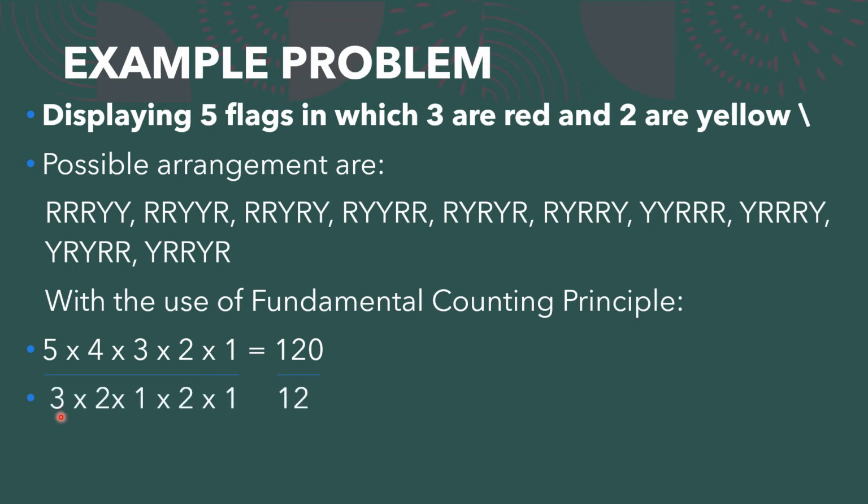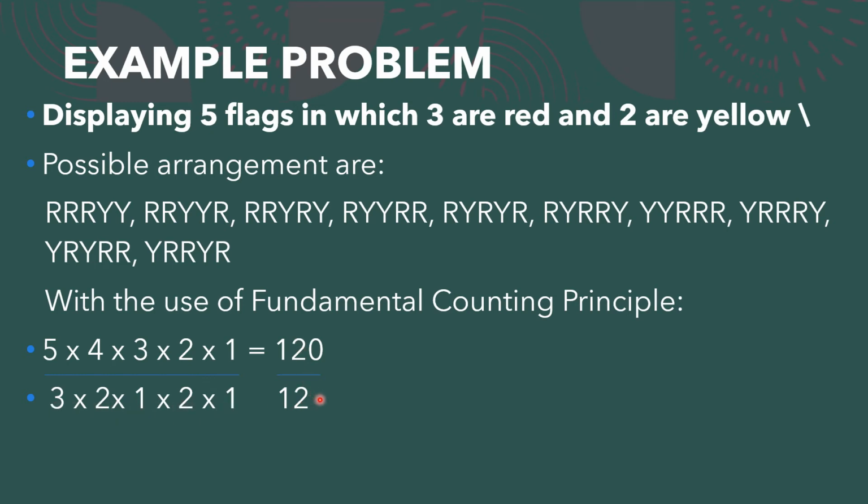So, you have yung 5 factorial natin, i-divide natin sa 3 times 2 times 1 dahil dun sa 3 red flags, times 2 times 1 dahil dun sa 2 yellow flags. So, 3 times 2 times 1 times 2 times 1 is 12.